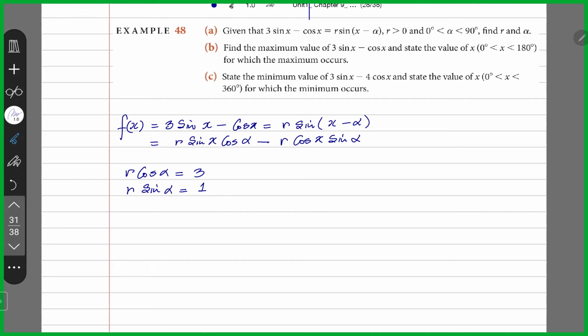Dividing r sine alpha by r cos alpha, we get tan alpha is equal to 1 over 3.